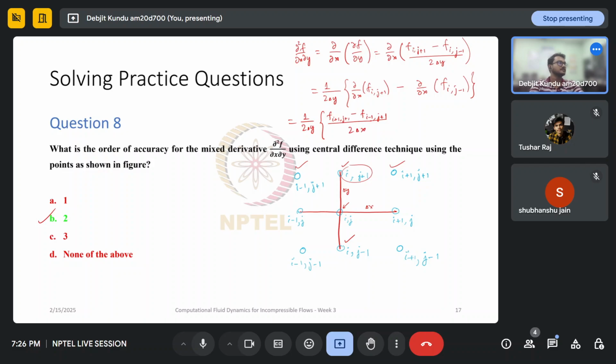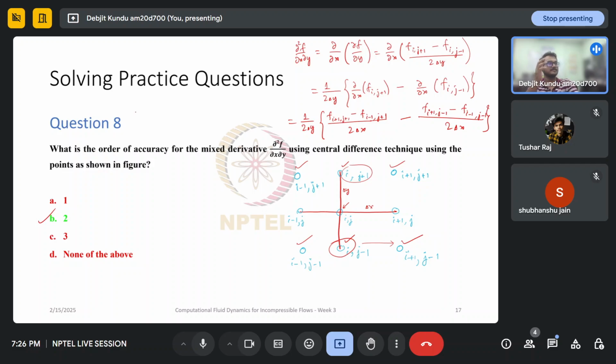And similarly for this point, I'll take this point and find the dou x at (i, j-1), so I'll need f(i+1, j-1) minus f(i-1, j-1) divided by 2 delta x. Now we have found the solution.